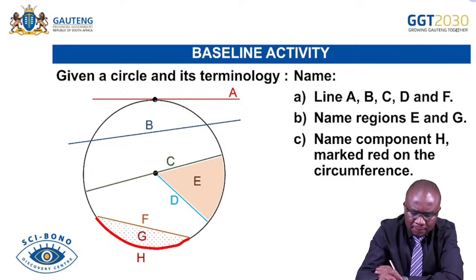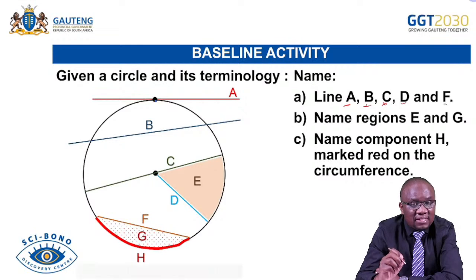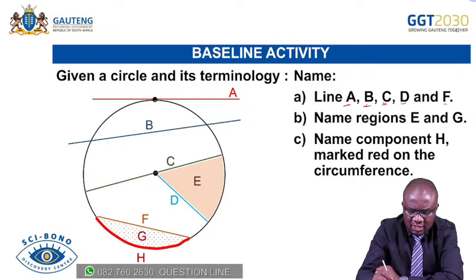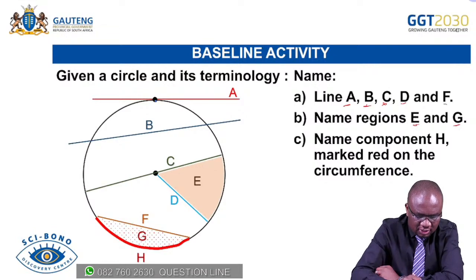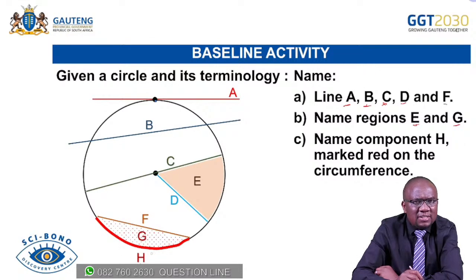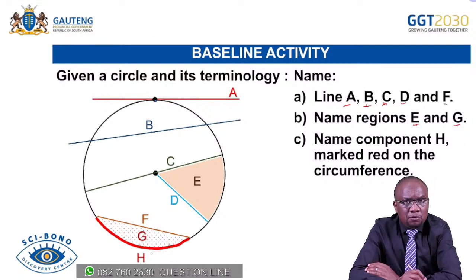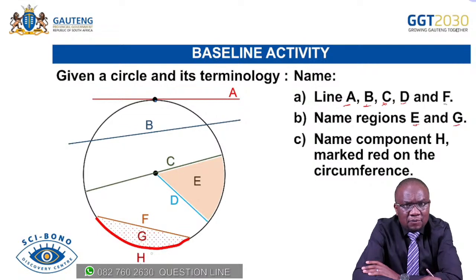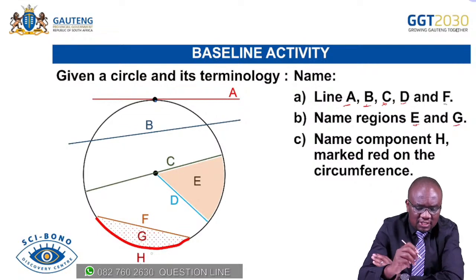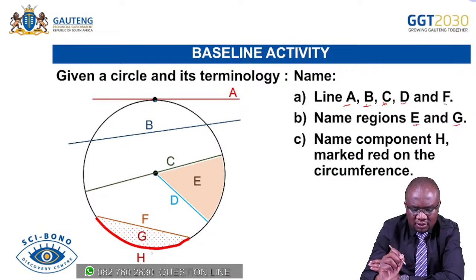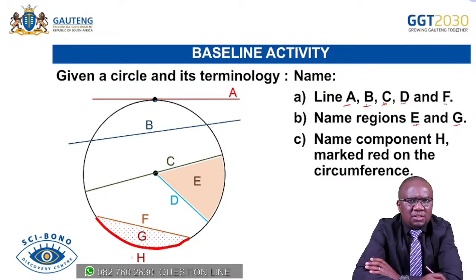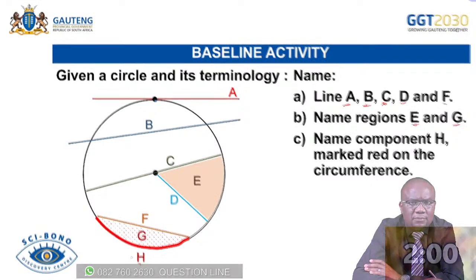Name line A, line B, line C, line D, and line F. Then name the regions E and G, and then name the component H, this component here, the red one. What is that component H? I'm going to give you 2 minutes because you're not calculating anything here. Let's try that for 2 minutes.